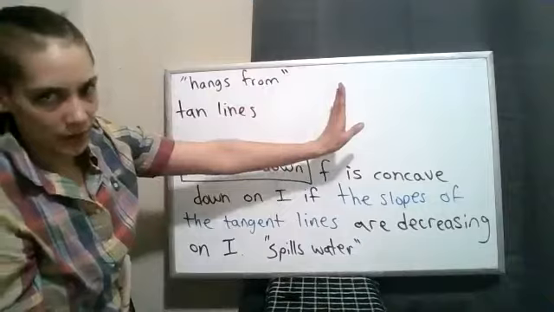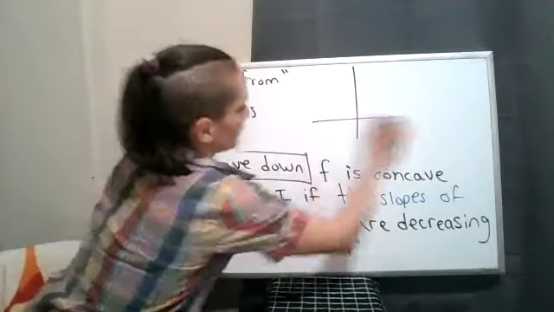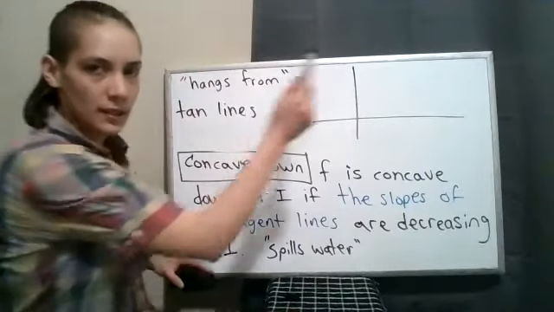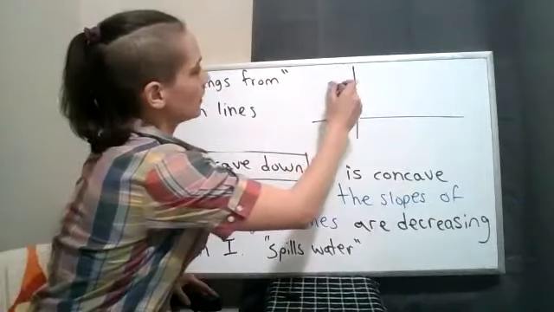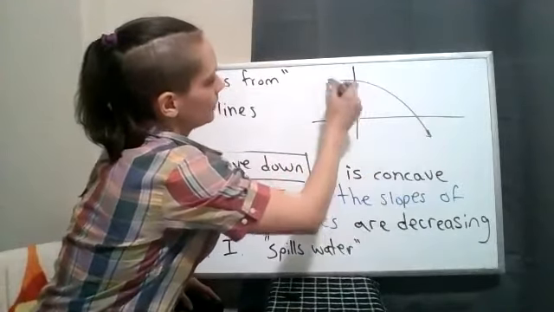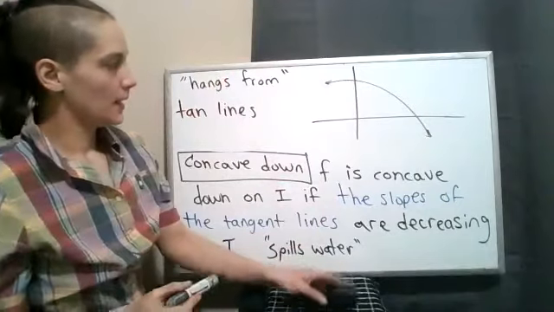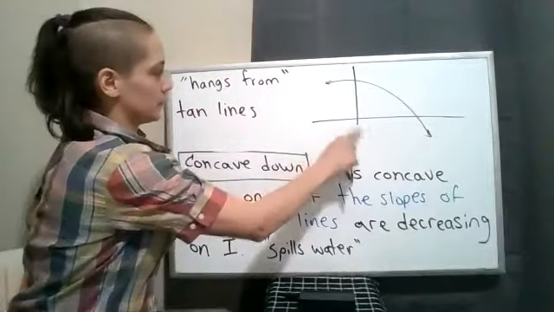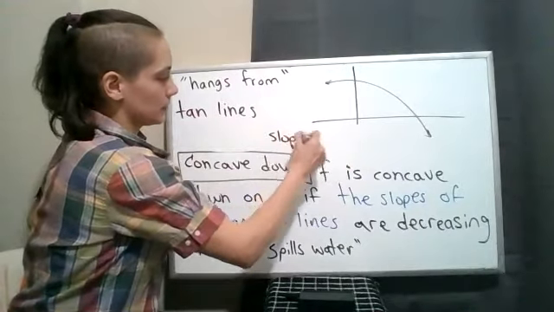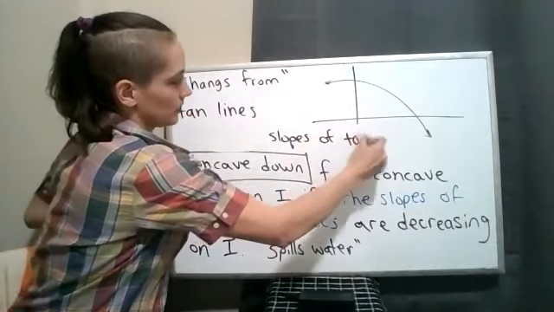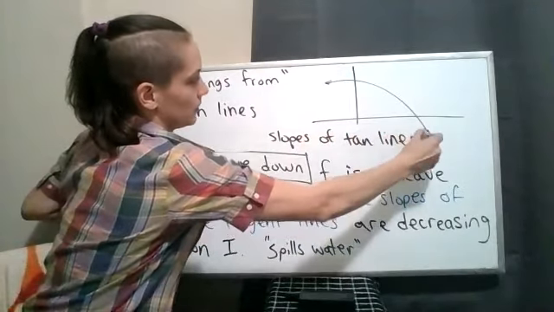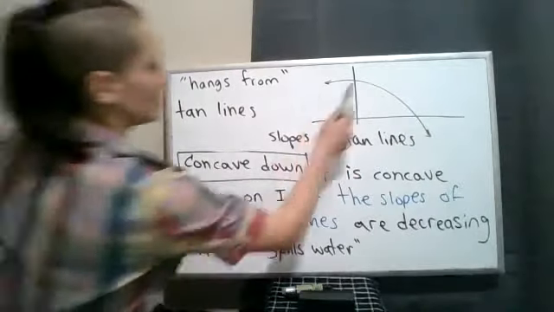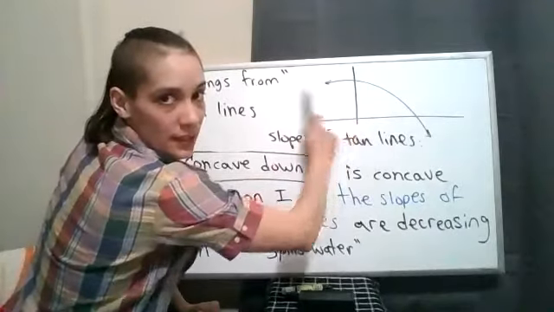Okay, we'll have a picture over here. We're going to have our function curve down, and then we'll talk about the slopes of the tangent lines. Let's do a horizontal line at the top with slope 0.